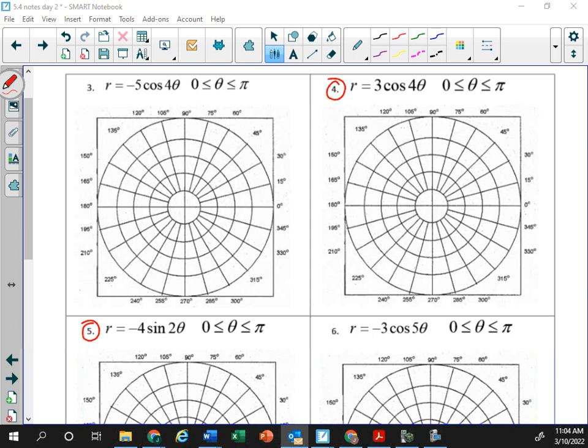Like pi over 4, pi over 2, things that would help.